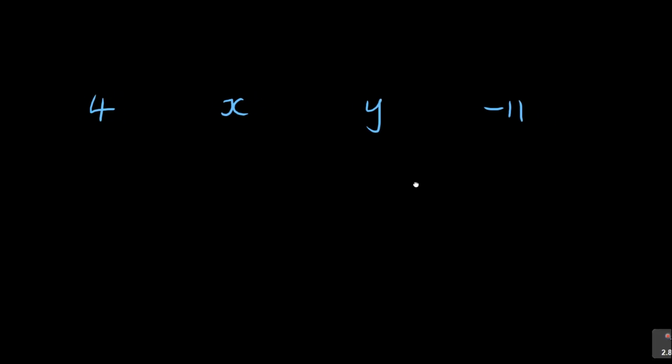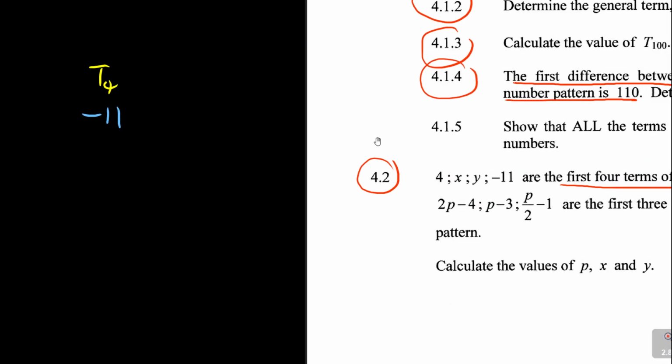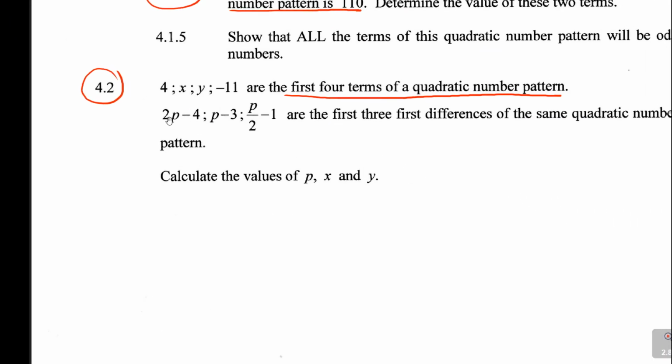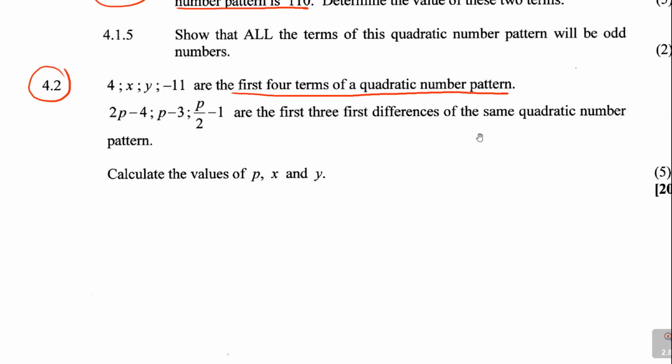They are saying these are the first four terms of a quadratic pattern. So whenever I'm given this, the first thing you need to do is to remind yourself, this is my T1, this is my T2, this is my T3, and this is my T4, and it's a quadratic. Remember, it will grow twice going down. Then they are saying 2p minus 4, p minus 3, p over 2 minus 1 are the first differences of the same quadratic number pattern.